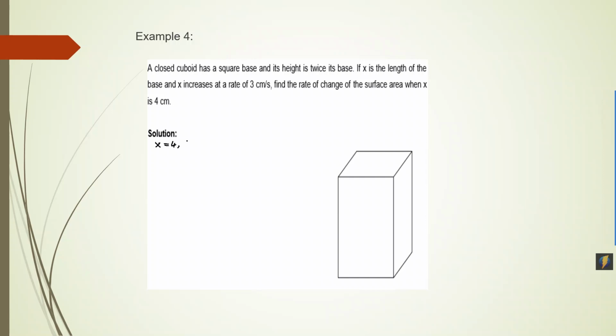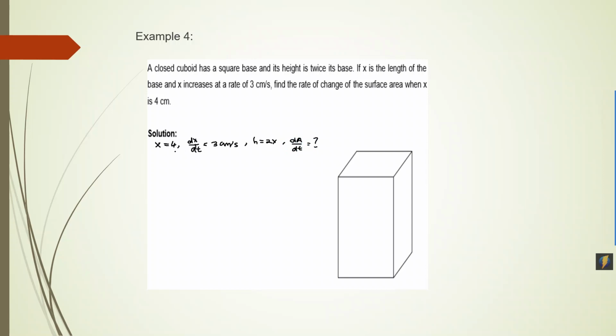So dx over dt equals 3 cm per second, height equals 2x. Then we will need to find dA over dt.